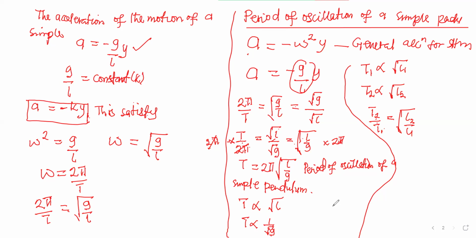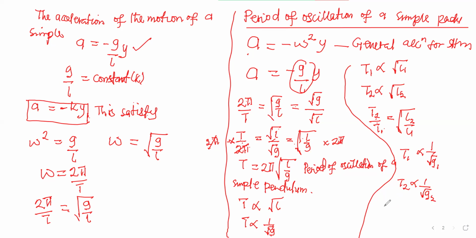On different planets where gravity varies, it also means that T1 must be inversely proportional to root of gravity 1, and T2 must be inversely proportional to 1 on root of gravity 2.